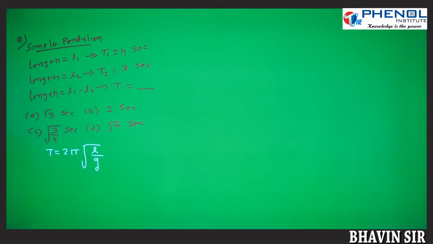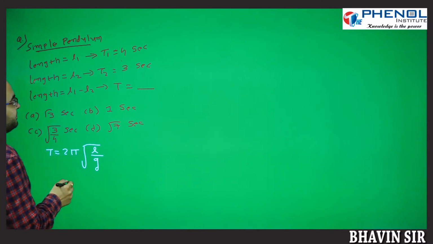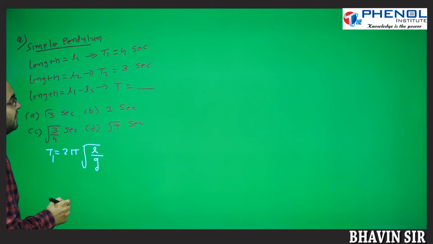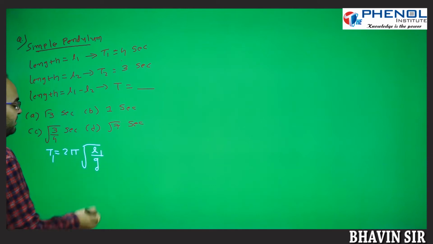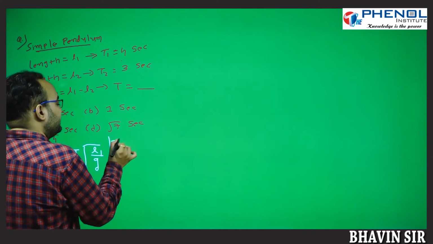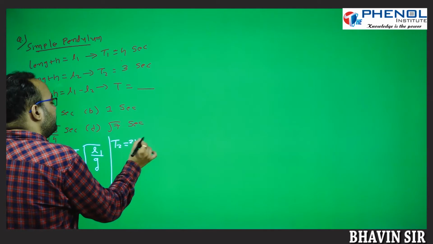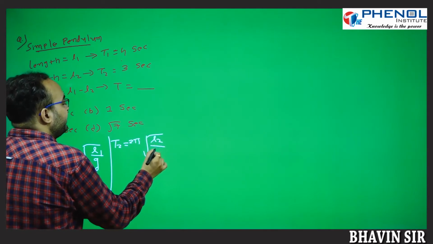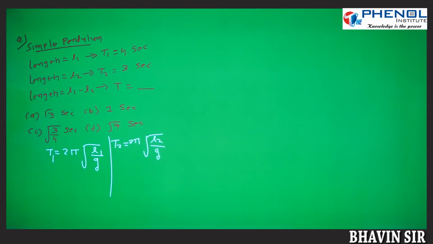T is 2 pi under root L by g. First case: time period T1, length L1. Second case: time period T2, length L2.